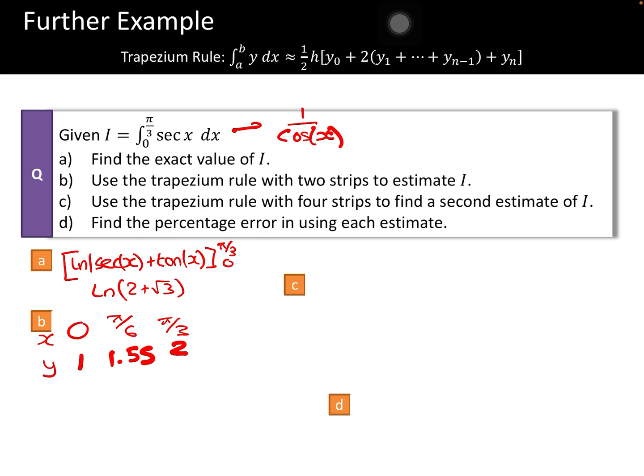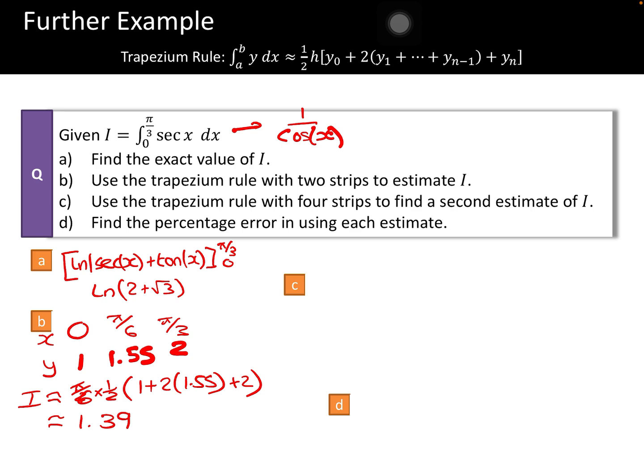Then we can substitute in, so it will be approximately, our gap is pi over 6 lots of a half, because it's h over 2, so it'll be pi over 12, lots of 1 plus 2 times 1.55, there's only 1 in the middle this time, plus 2, and again through your calculator, and this time we'll get 1.39.